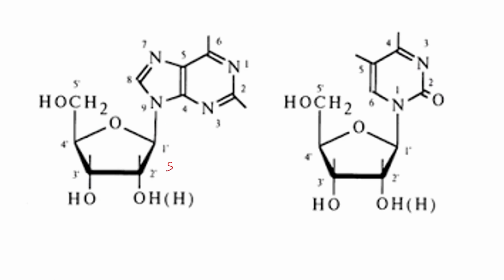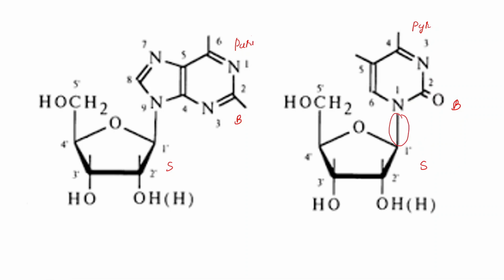This is the sugar and this is the base. This is the sugar and this is the base. This is pyrimidine and this is purine. Okay. In the case of pyrimidine, if the base is pyrimidine, the nitrogen in the first position of the pyrimidine forms the glycosidic bond.